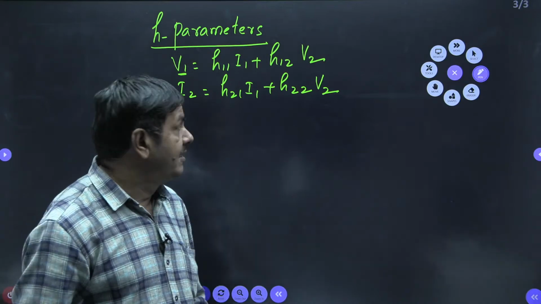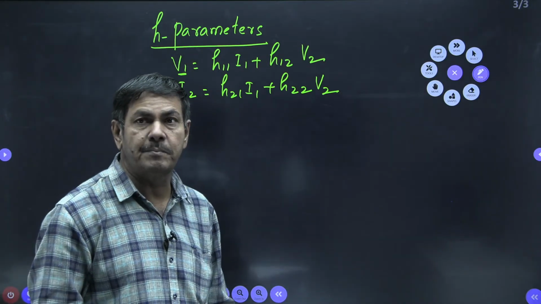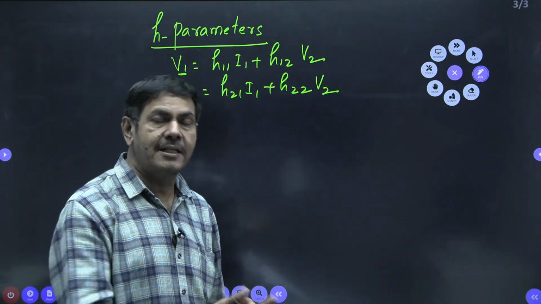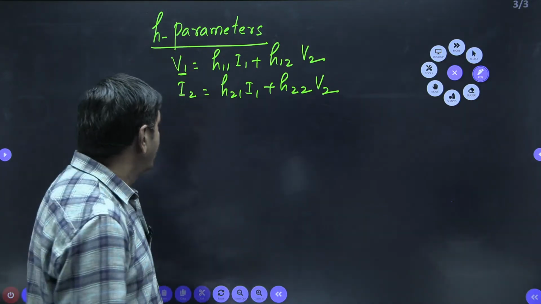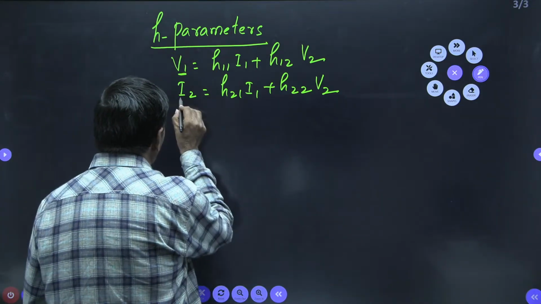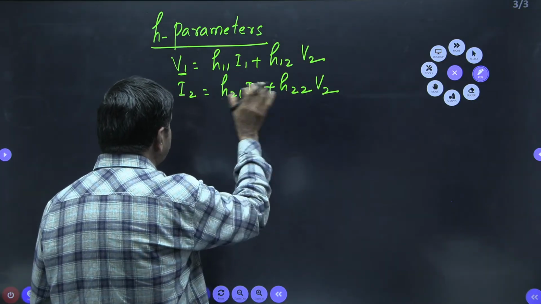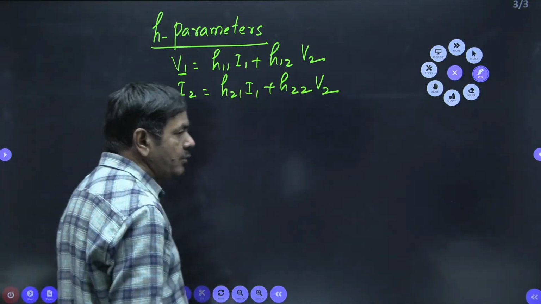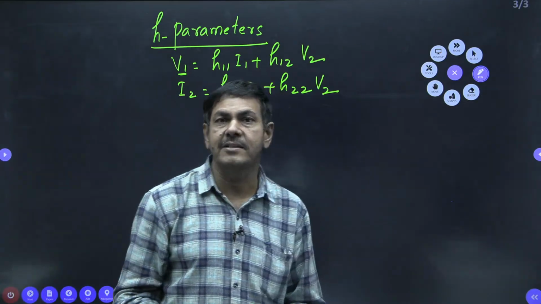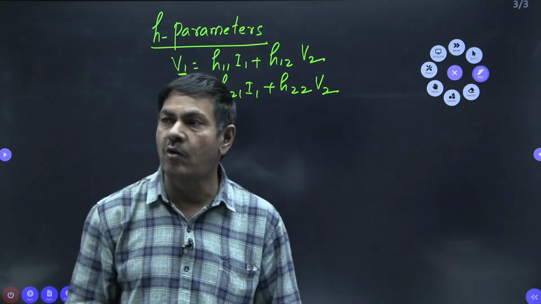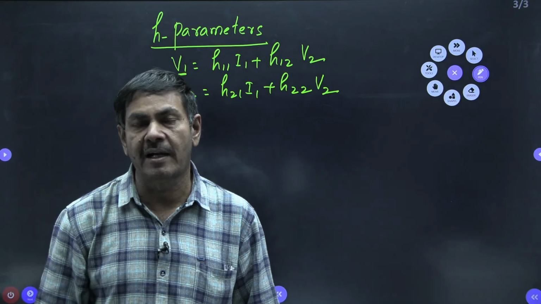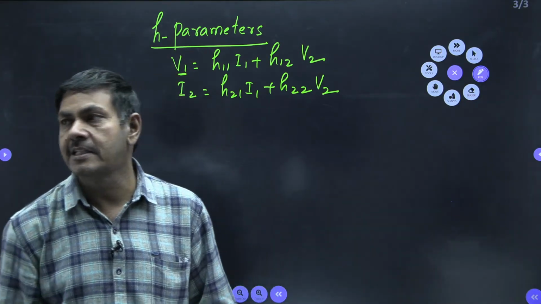So when you get a voltage, the input must be a Thevenin's equivalent circuit. What about the second equation? I2 equals some current plus some other current. Addition of two currents will give the I2 value. I2 indicates a Norton's equivalent circuit. So the output must be a Norton's equivalent circuit and the input must be a Thevenin's equivalent circuit.